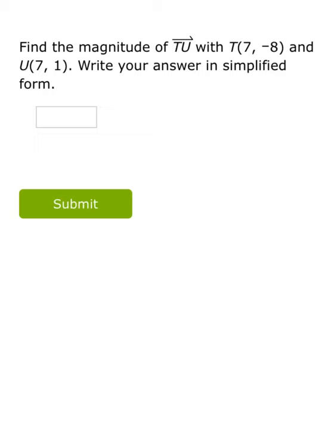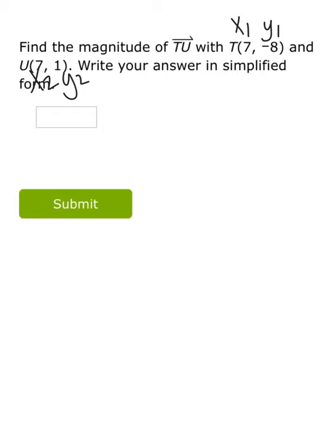Alright, for this problem, we're still finding the magnitude of a vector, but this time we no longer have a graph. We are just given some coordinates. So I can tell that my initial point is at 7, -8, so this would be my x1, y1. And then my terminal point is at 7, 1, so that would be my x2, y2.